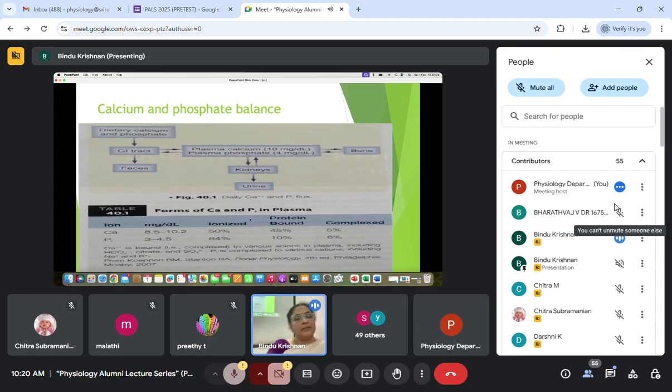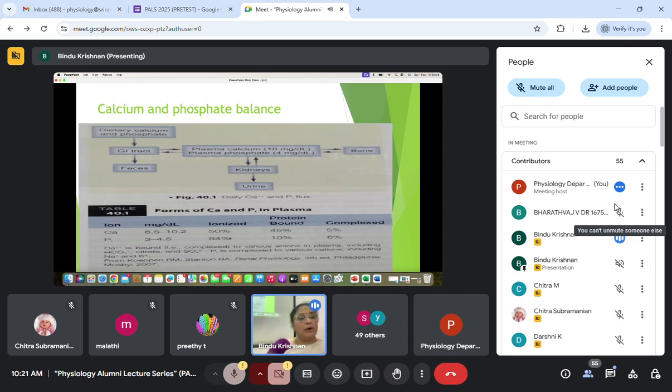In other words, you will see that 50% of this total serum calcium is in an ionized free form. It is this form which is responsible for all the physiological activities. Then almost 45% is protein bound, be it albumin, majority is albumin, and you also have some attached to globulin. This again plays an important role in certain clinical scenarios. And finally, you have the non-ionized complex form where you have ionic bondage either with citrate, phosphate.